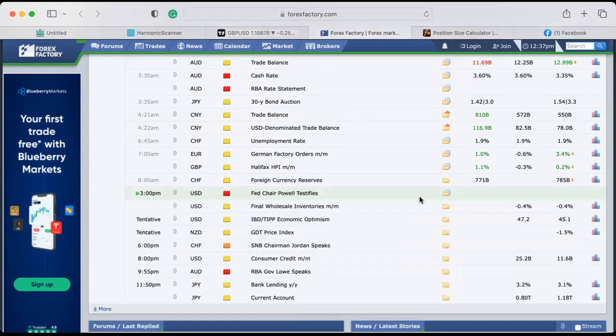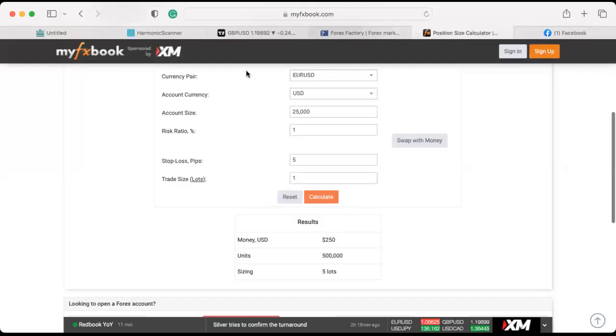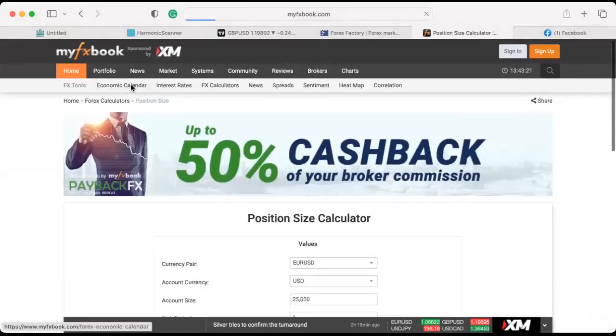So I just untick that. That's the reason why we've got nothing going on. There's no news. There's been nothing since 8 AM this morning on Forex Factory, so there's nothing to move the price. If we look at my FX book, it's pretty similar.